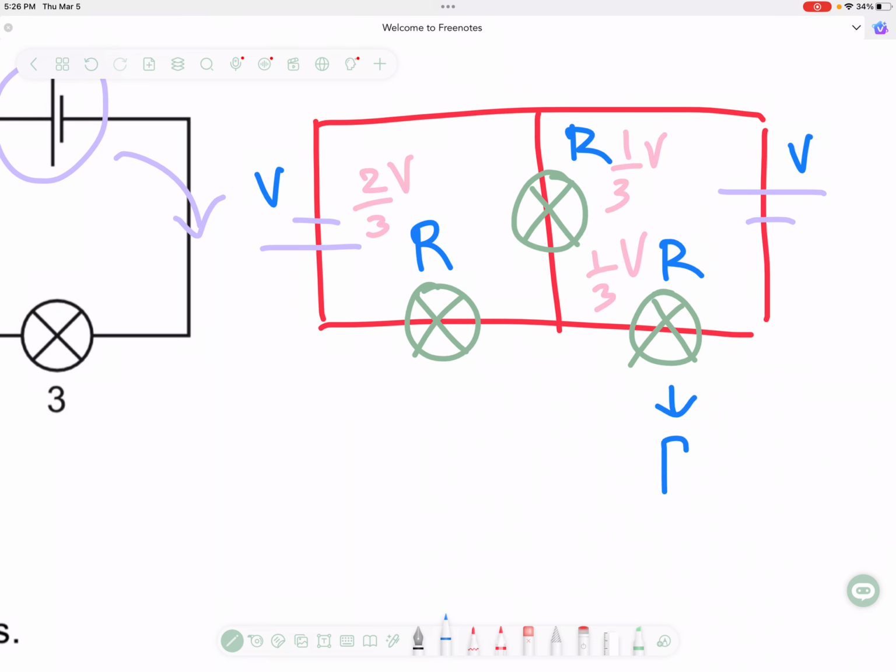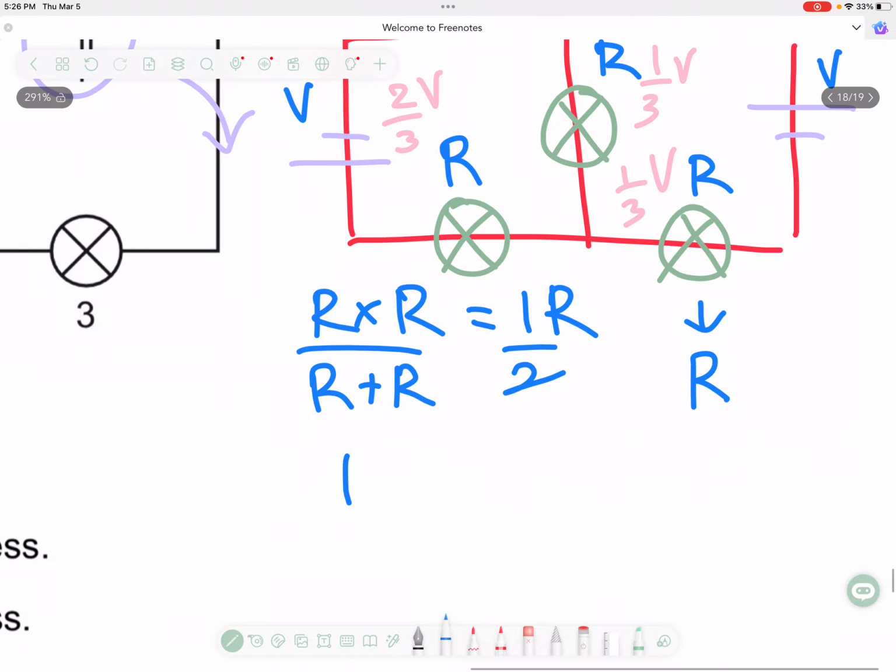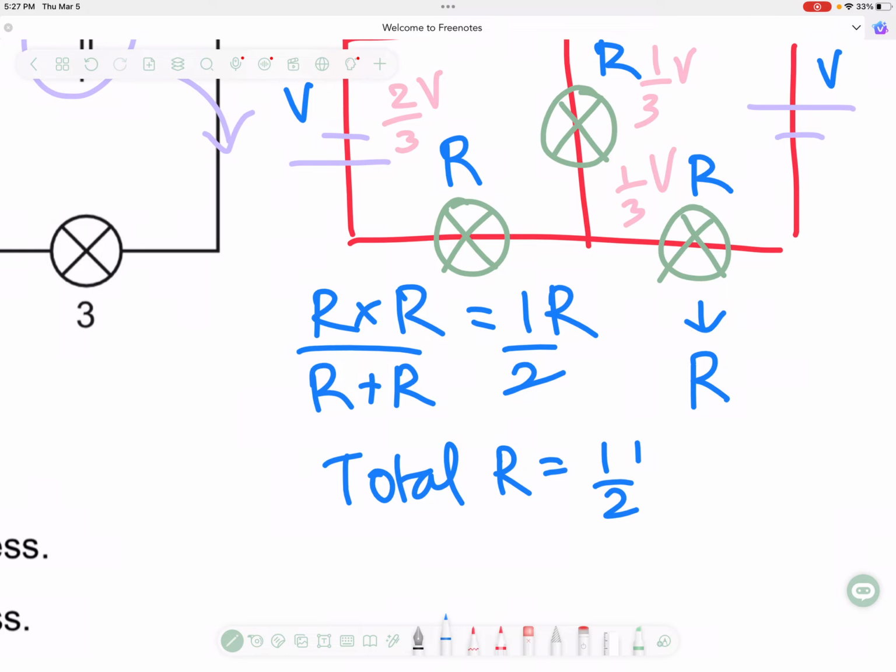Here the resistance is R, and here the resistance is R times R divided by R plus R, which is 1 by 2R. Okay? And the same rule applies. The total R is 1 by 2R plus R, 3 by 2R.